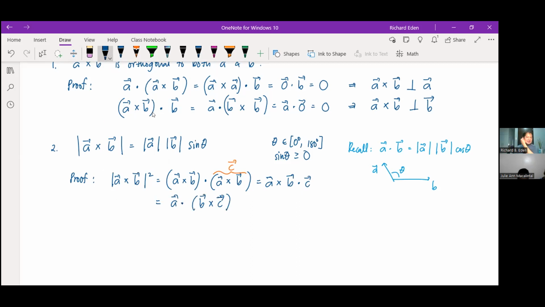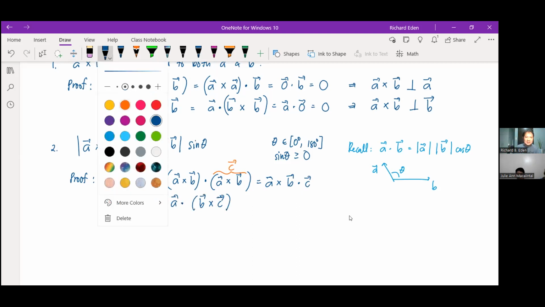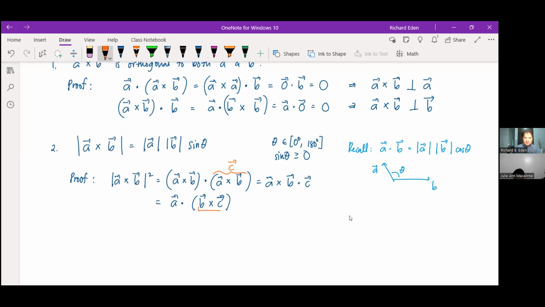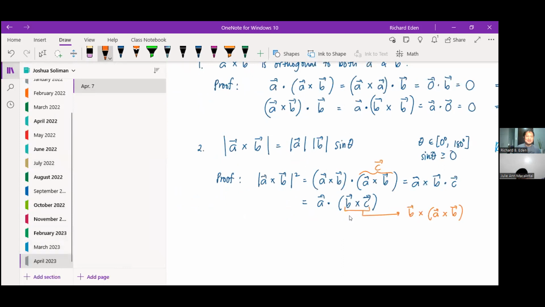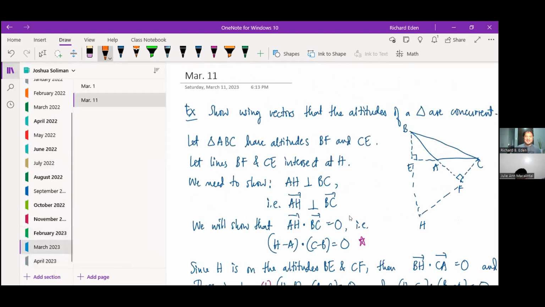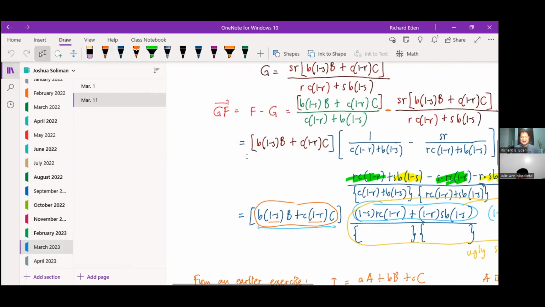Okay, so ngayon tignan natin, what's going to happen to B cross C? Let's write it in orange. Okay, B cross, what is C? C is A cross B. All right, and now dito papasok ng isang property that I hand waved and didn't say much about.